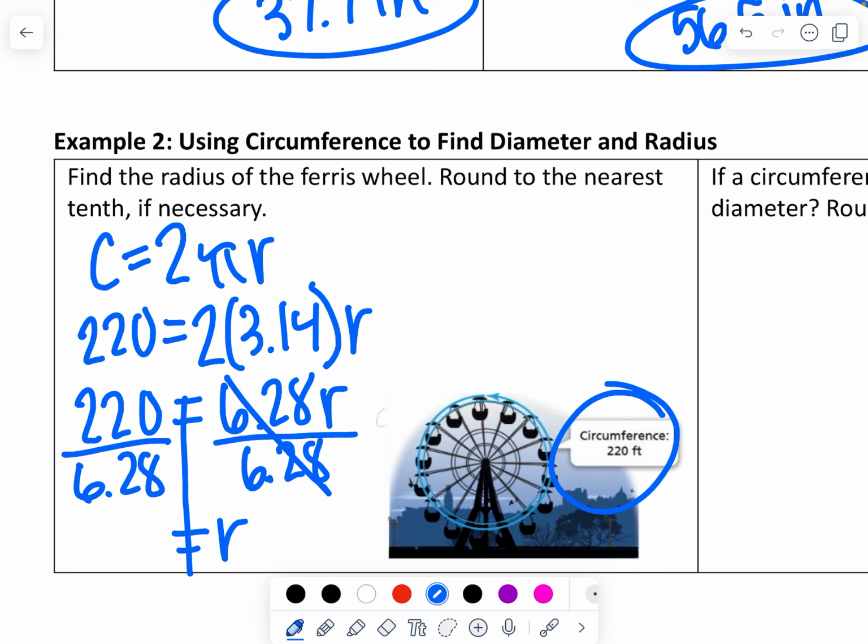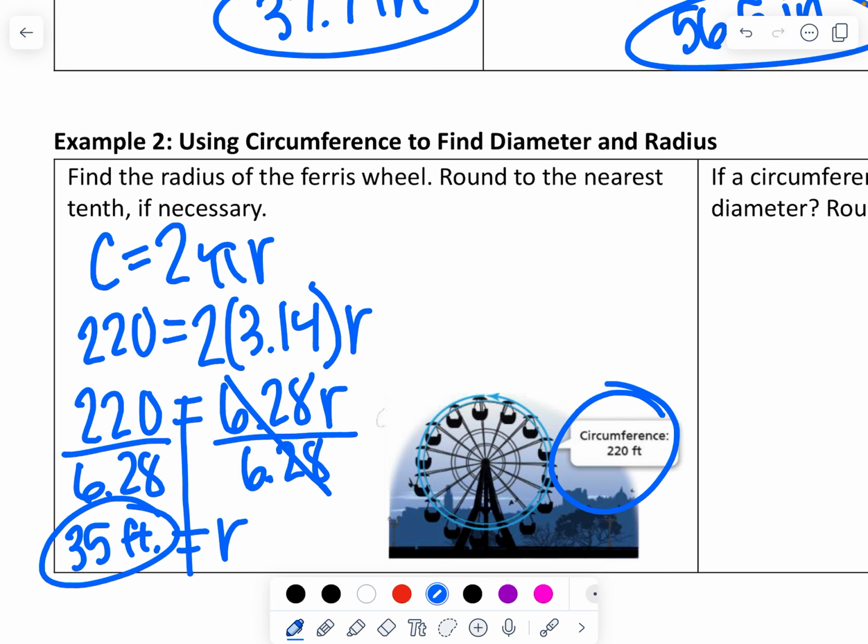On the right side, we're left with r. It is a long decimal, and it wants us to round to the nearest tenth, so it would round to 35.0, which is just 35 feet.